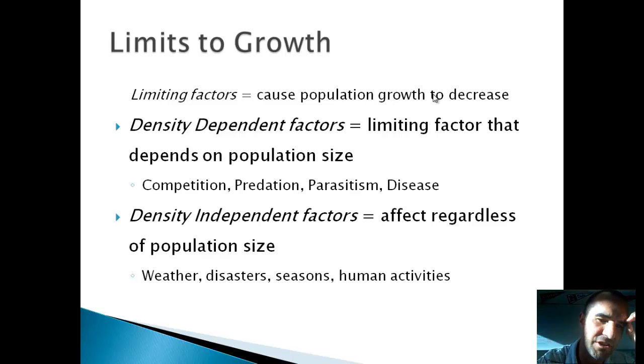Limiting factors are what cause the population growth to decrease. So it's the population growth, so over time, how many new organisms you add in. Density dependent factors, those are limiting factors that depend on population size. So competition, predation, parasitism, and disease. Those things, if you have one rabbit in all of the United States, it's going to be fine.